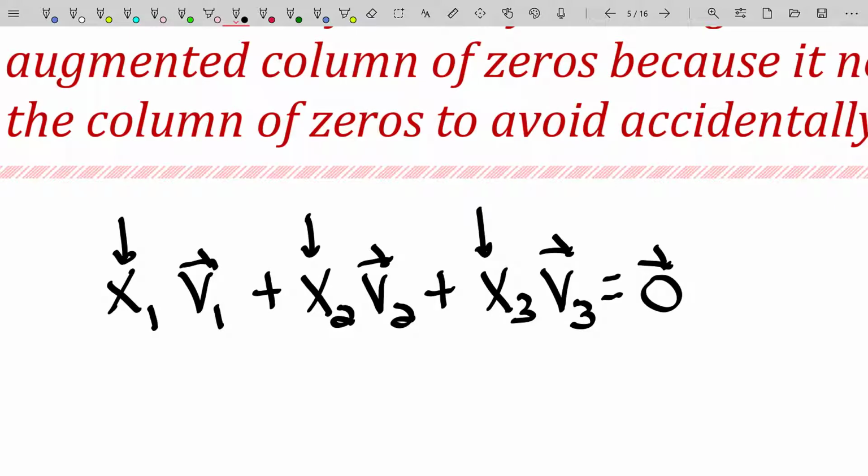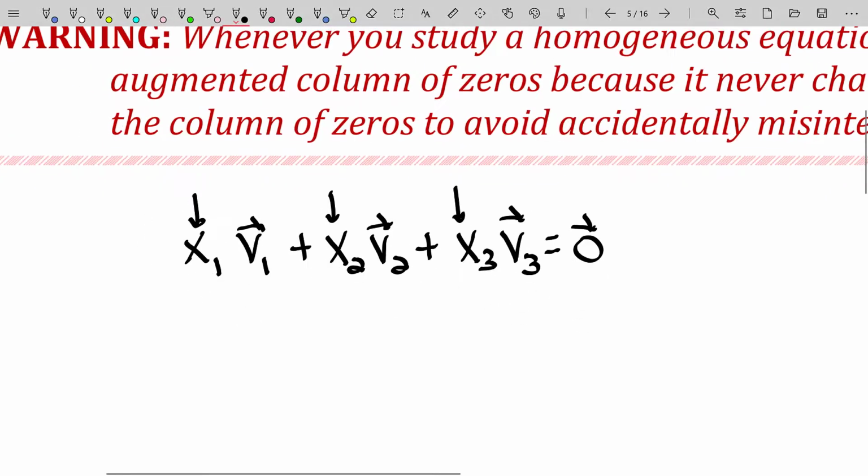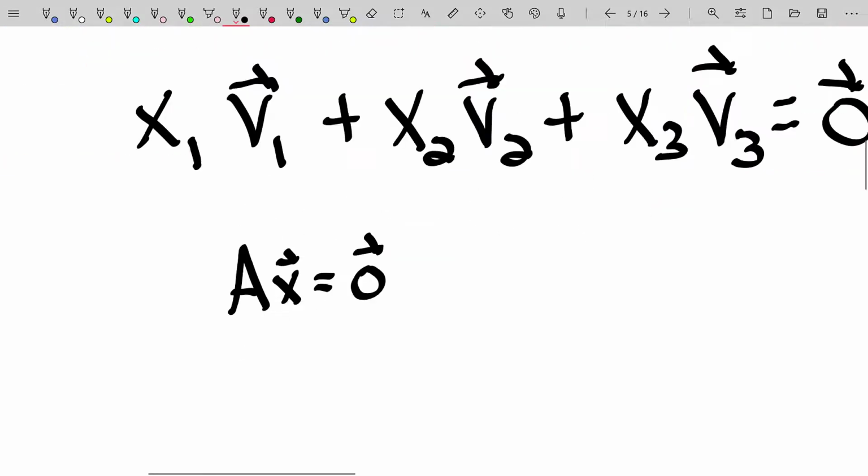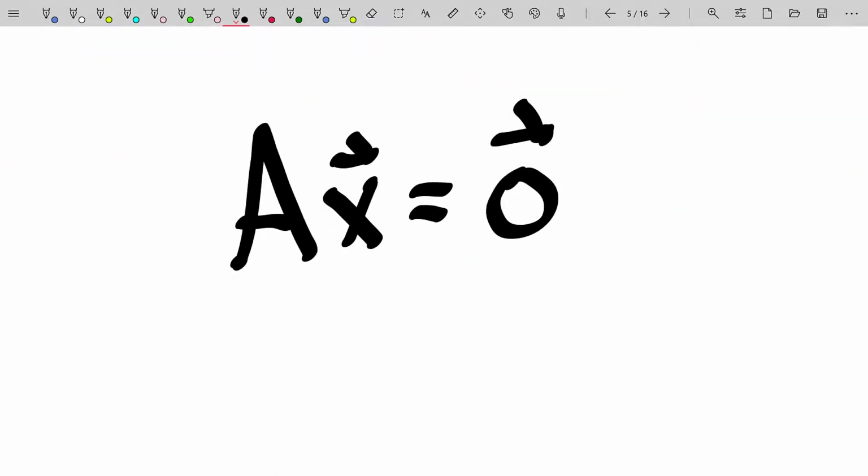Another way I can say it is if I write this in matrix form, assuming that you and I both agree that the column vectors of A are v1, v2, and v3, then those vectors are linearly independent if the only solution to this homogeneous equation is the trivial solution.